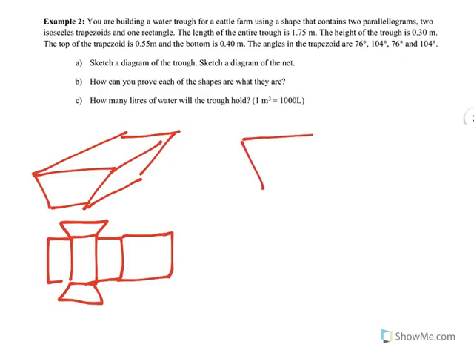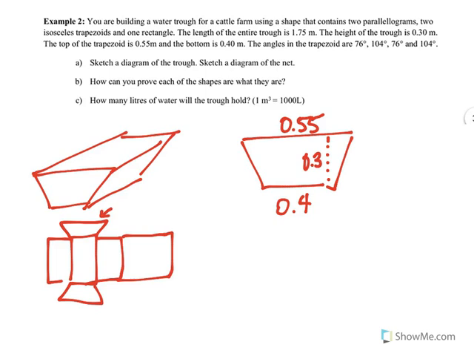Let's just look at the trapezoid first. The trapezoid tells us that the top is 0.55 and the bottom is 0.4. And we know that the height of the trough is 0.3. You can label that on here if you want to.